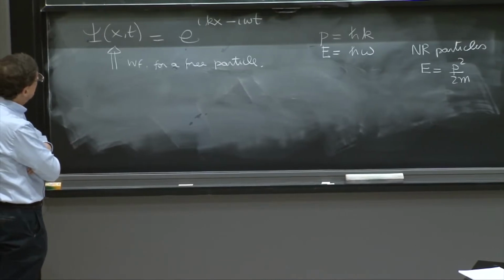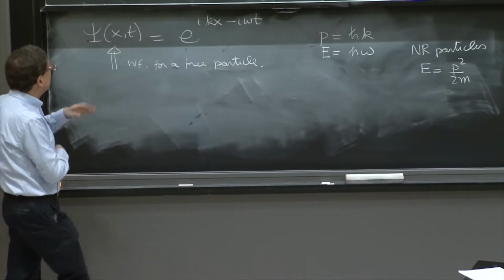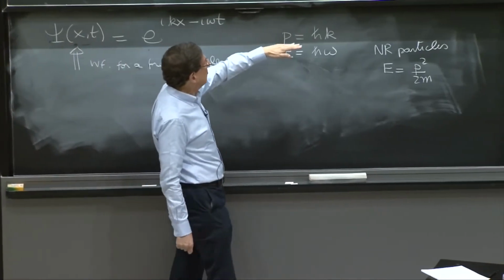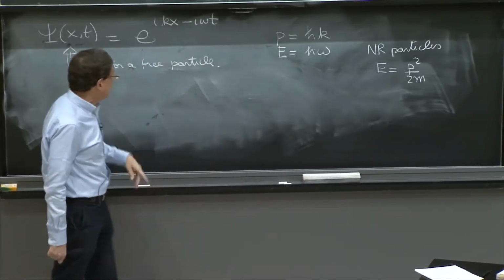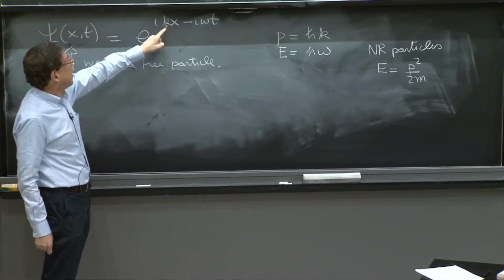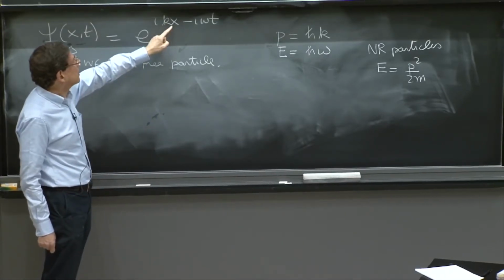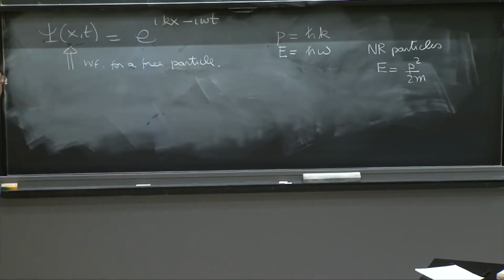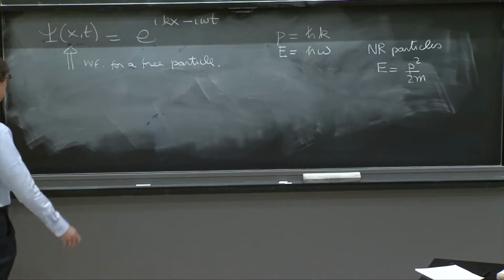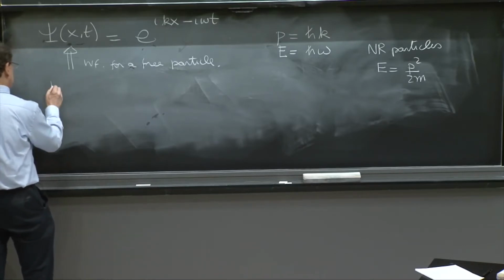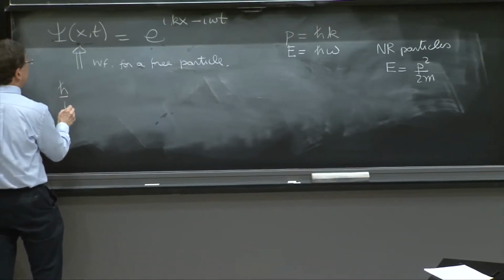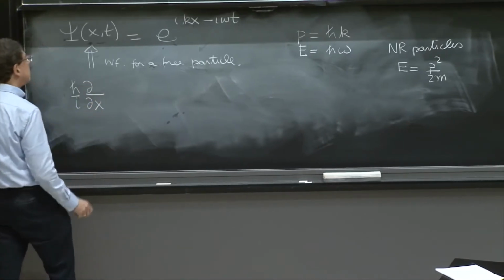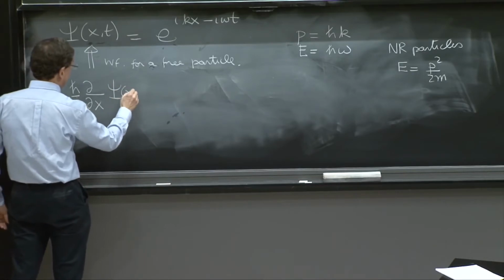But one thing we could say is that you have this wave function here, and you wish to know, for example, what is the momentum. Well, you should look at k, the number that multiplies the x here, and multiply by h bar, and that would give you the momentum. But another way of doing it would be to do the following: to say, well, h bar over i d/dx of psi of x and t.